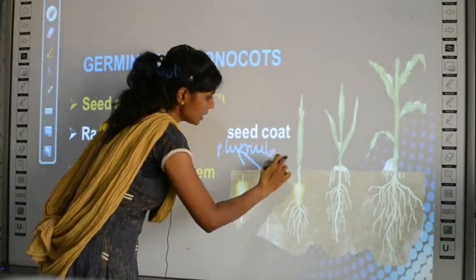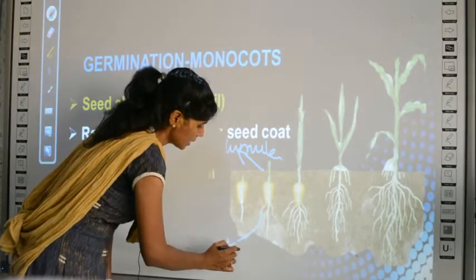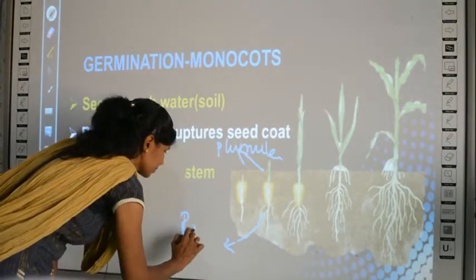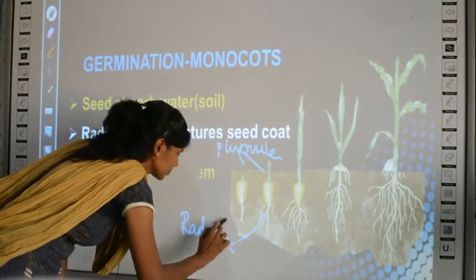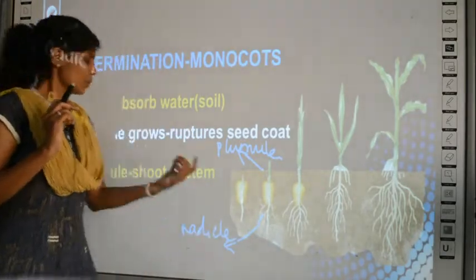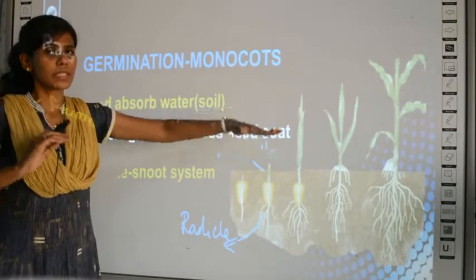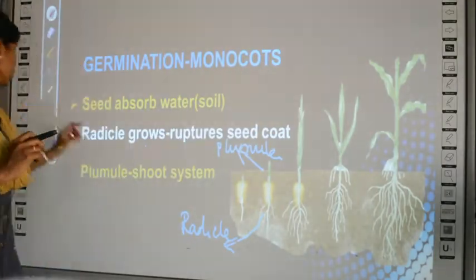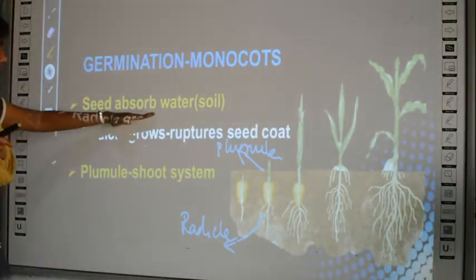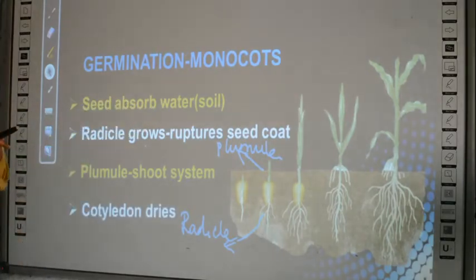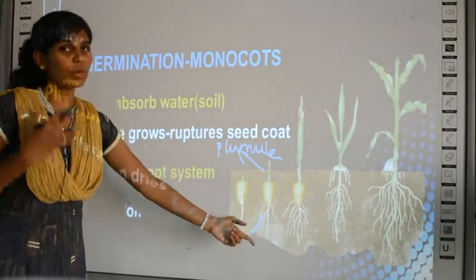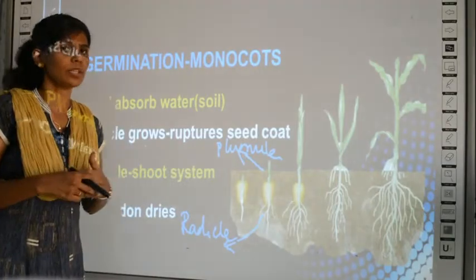And which is the radicle? This is the radicle. Clear? So the plumule develops into the shoot system, that is the system above the ground, and the radicle develops into the root system, that is the region below the ground.